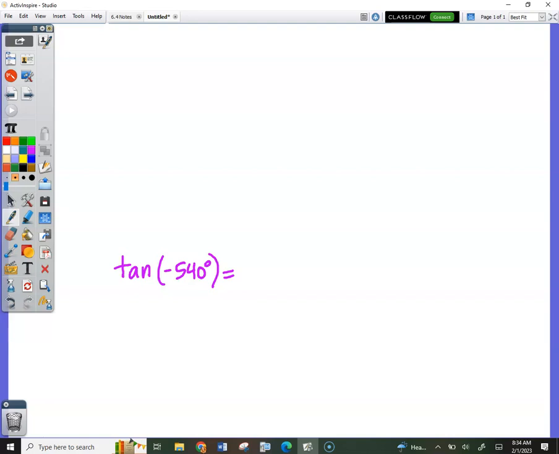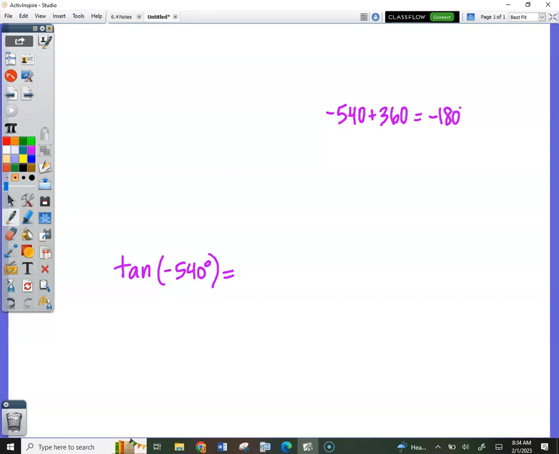Coterminal angle means the exact same landing spot, but a difference of 360, right? There's a full rotation in between. So this is too small, so I would take negative 540, and I would add 360. Tell me what you get. Negative 180. Okay, that's still, I mean, I know where that is, but I really want it to be positive.